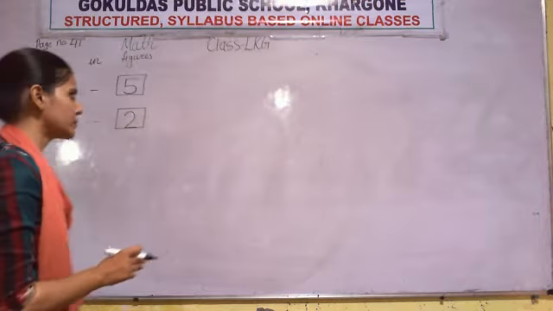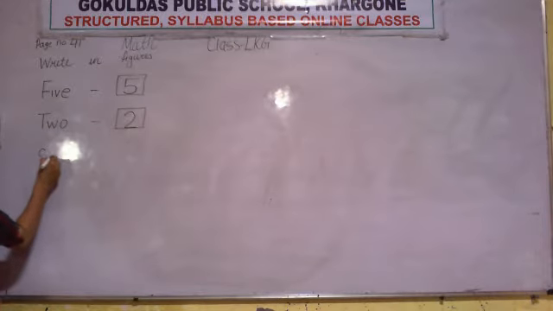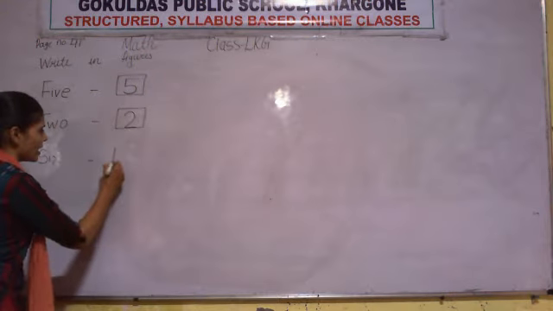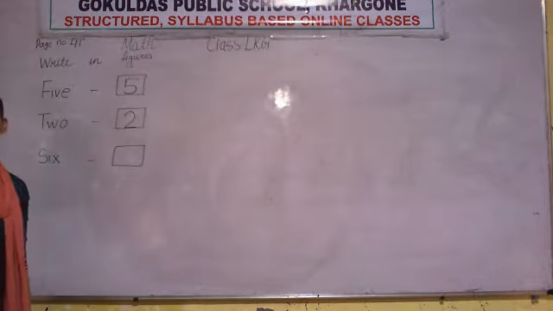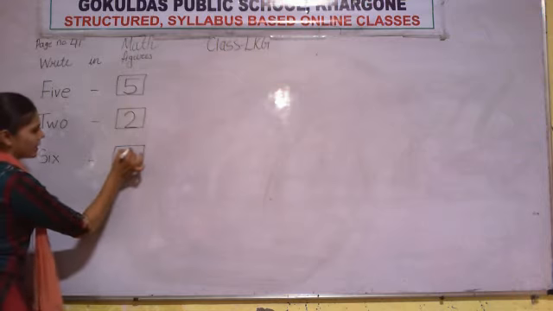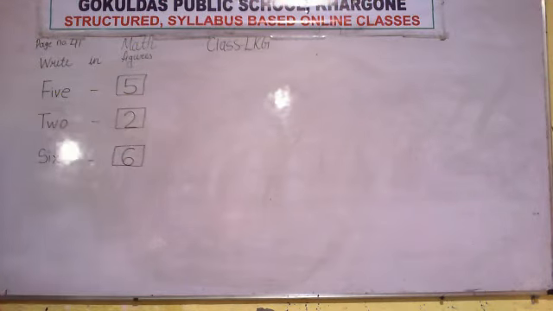SIX. What is SIX? SIX is 6. Now in this block you write number 6. How to write number 6? Make a half curve and join it to make a full circle.